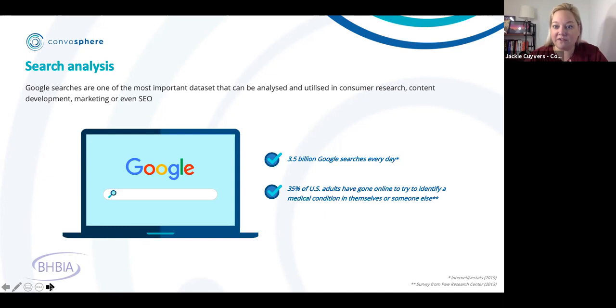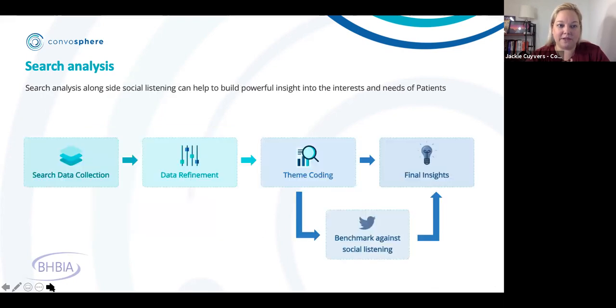There's over 3.5 billion Google searches every day, and 35% of US adults have gone online to try and find out more information for themselves or loved ones. Increasingly too, people do use different platforms like YouTube to search, but still Google is probably the most prevalent source, and they do make this data available for use.